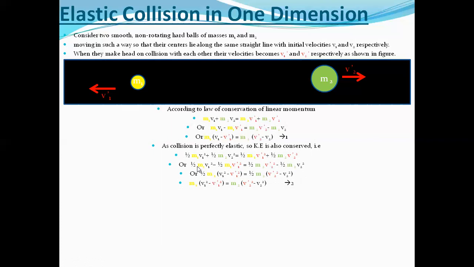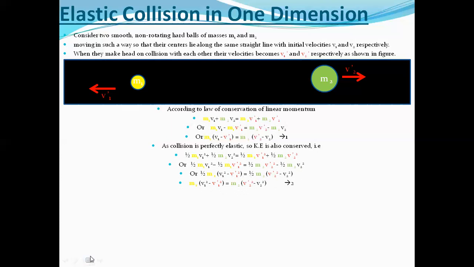Now taking common, because half m1 is in both terms, half m1 common, (v1 square minus v1 dash square) is equal to half m2 common, (v2 dash square minus v2 square).